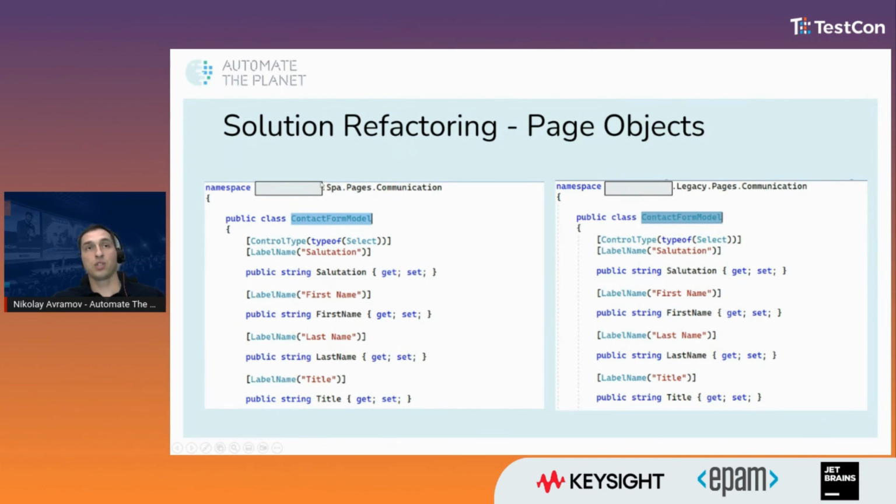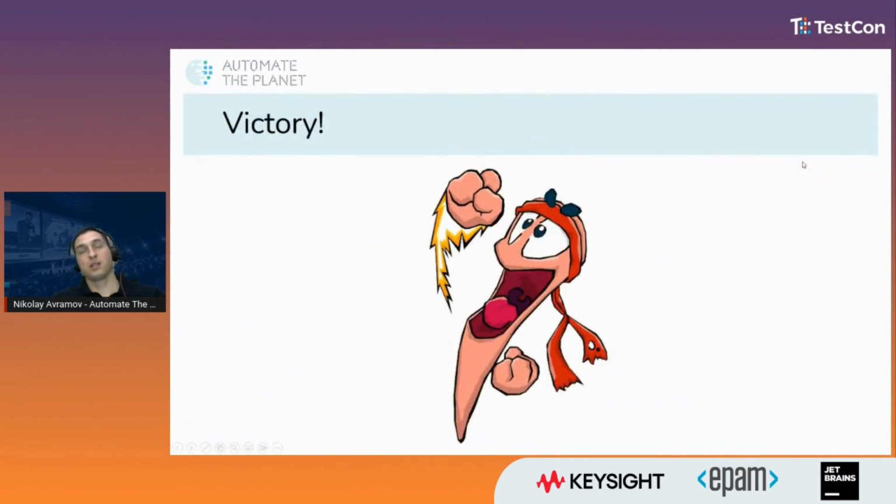All we had to change is the namespaces, and actually in this case we're using a select component from the single page applications rendering, and in this case we're using one from the legacy rendering. So these are two separate different components that we use behind the scenes, and this was great success.